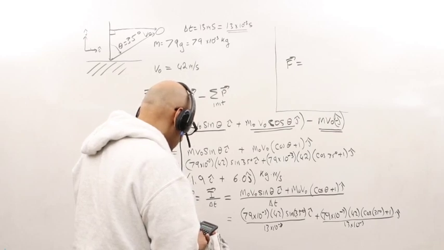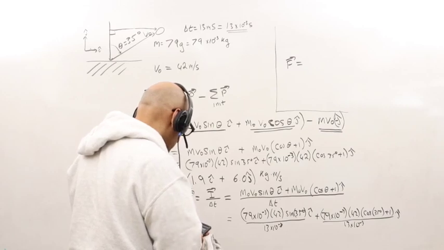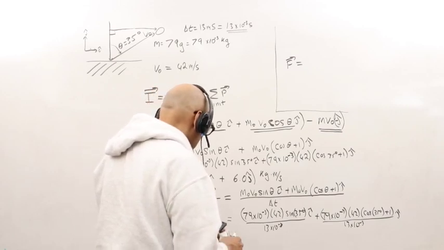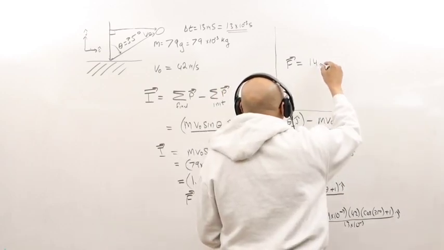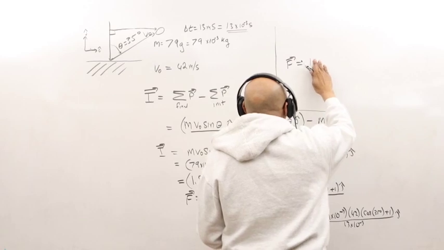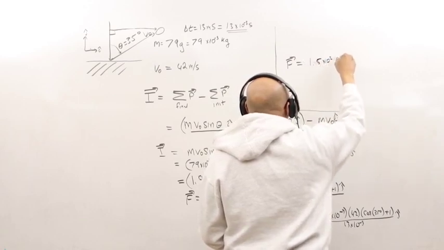79 times 10 to the minus 3 multiplied by 42 multiplied by sine 35 divided by 13 times 10 to the minus 3. So I have 146, which corresponds to 1.5 times 10 squared i hat.